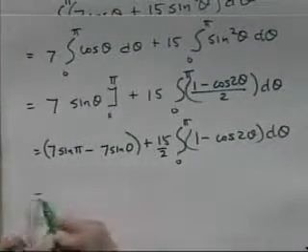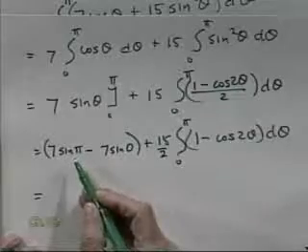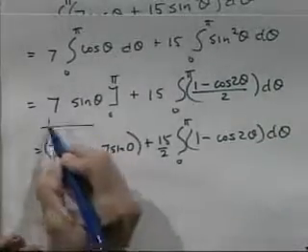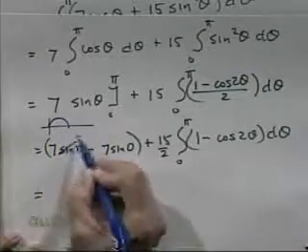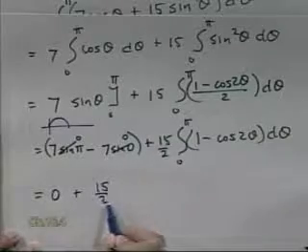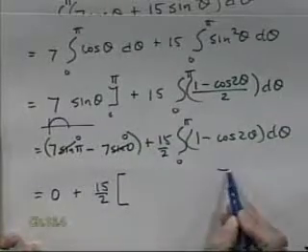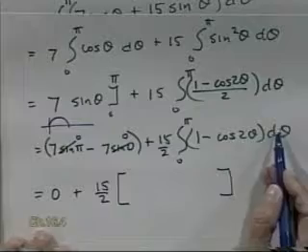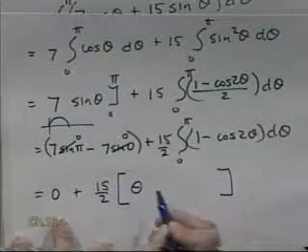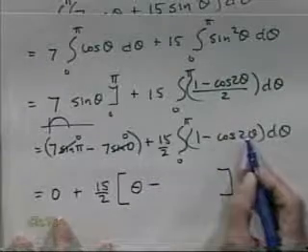This one I can do right now, because what's the sine of pi? 0. Think of what sine looks like. It looks like this. At pi, it's at 0. So this is 0, that's 0, so that's just a big goose egg. Plus 15 halves times, now, to do this integration, what's the integral of 1 d theta? Theta. Okay. And what is the integral of cosine 2 theta?